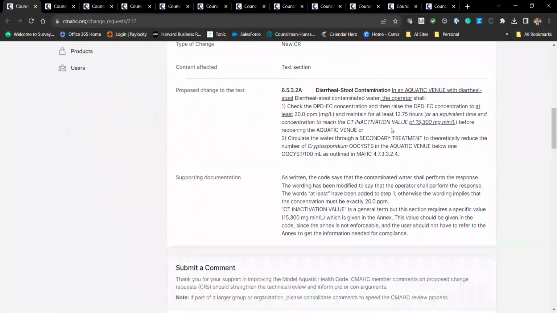In an aquatic venue with diarrheal stool contaminated water, the operator, so it's clarifying that, shall do the following, raise the free chlorine concentration to at least 20 parts per million, and then added the inactivation value of 15,300 milligram minute per liter. So it's just an editorial one.